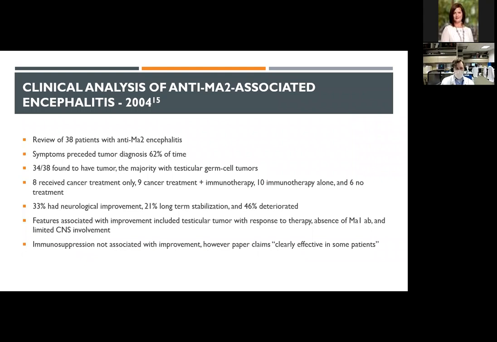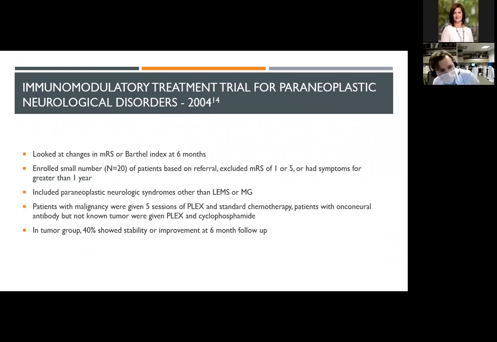This is another one looking at anti-MA2 antibodies that also kind of had a mixed bag. I don't think that's a very important study. And this is more just a general patient trial for Plex in paraneoplastic disorders that were not Lambert-Eaton or myasthenia.